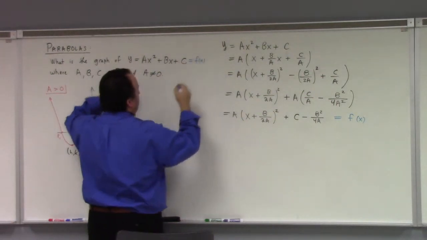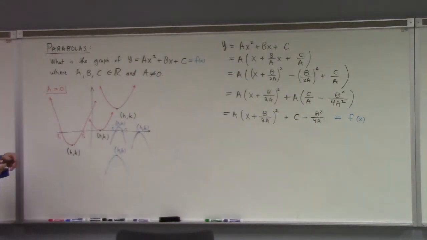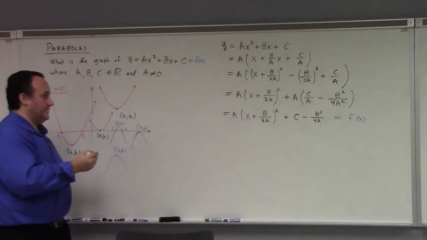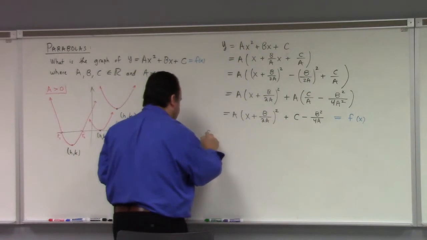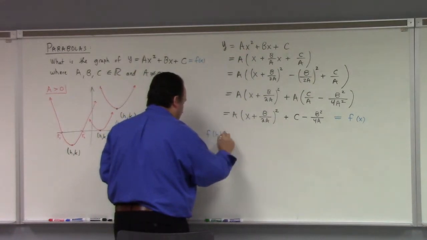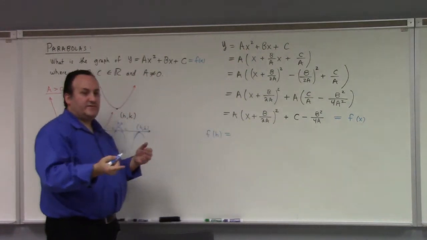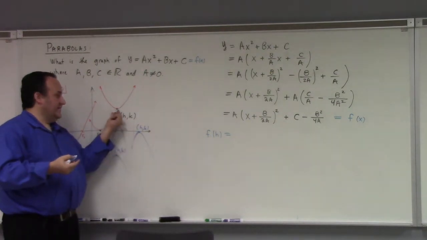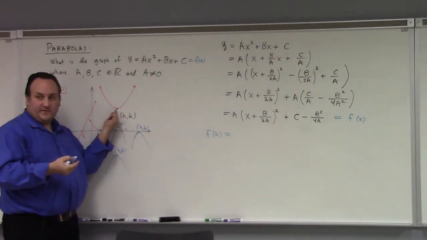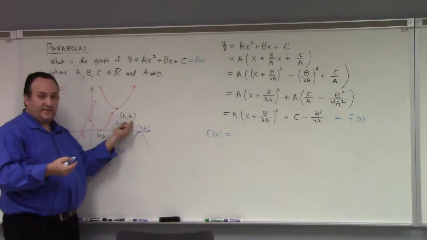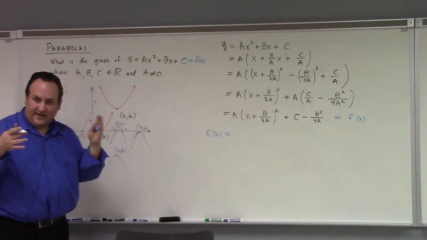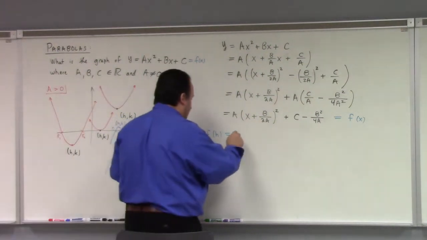Think about it as a function of x. What should f of h be equal to? F of h is what? F of h should be the output when you're at h. It should be what we're calling k in these graphs. Right? So whatever this k is, it should be f of h.